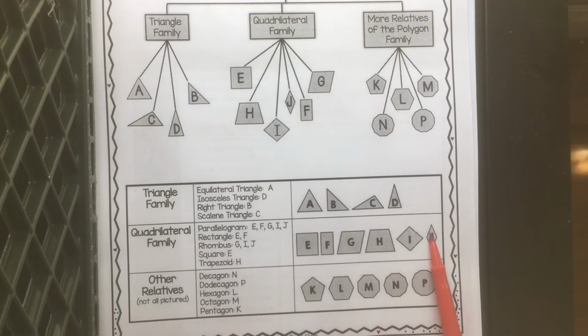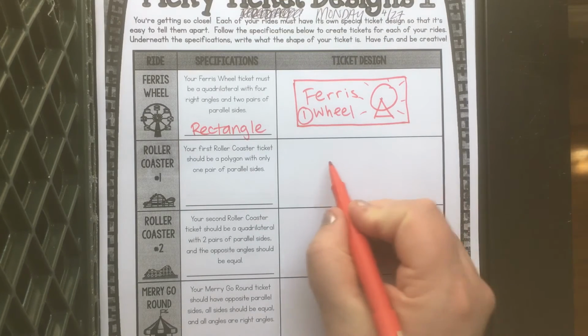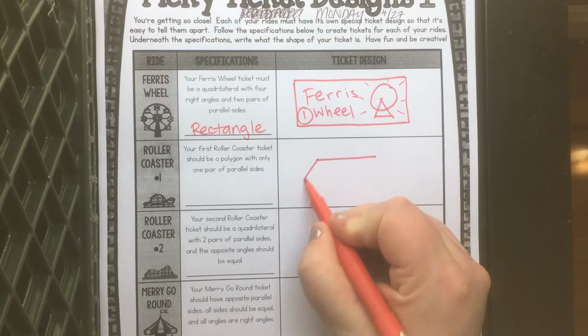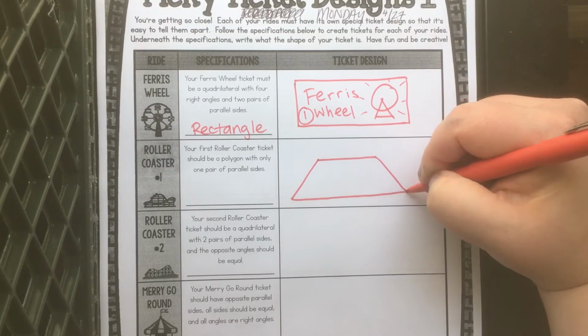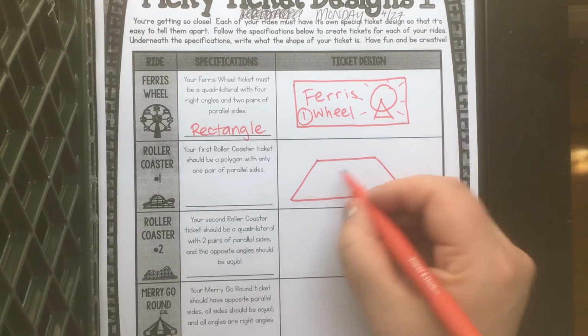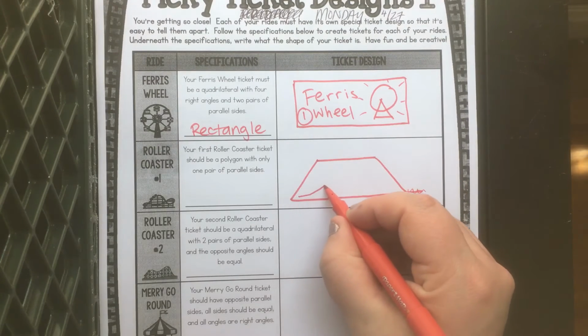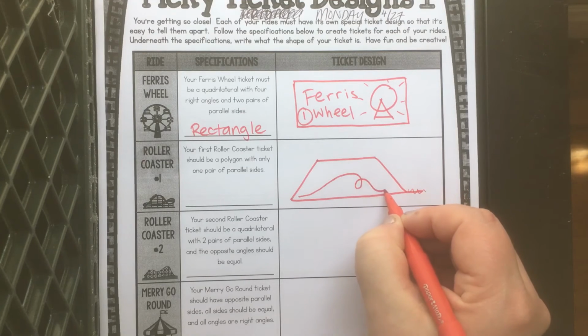And that would be the trapezoid. So this ticket that you're drawing has to be in the shape of a trapezoid. And then maybe I draw a roller coaster. Whoa, that would be a crazy spin.